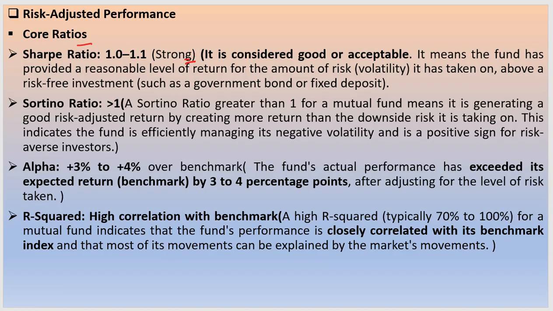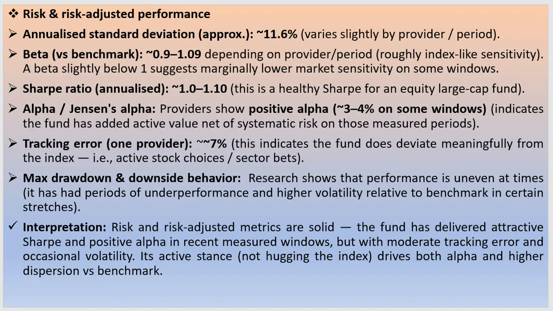A high R squared, typically 70 to 100% for a mutual fund, indicates that the fund's performance is closely correlated with its benchmark index and that most of its movements can be explained by the market's movements. These ratios highlight that the fund is not only delivering strong returns but does so efficiently, rewarding investors for each unit of risk. Very good going by Nippon Mutual Fund.